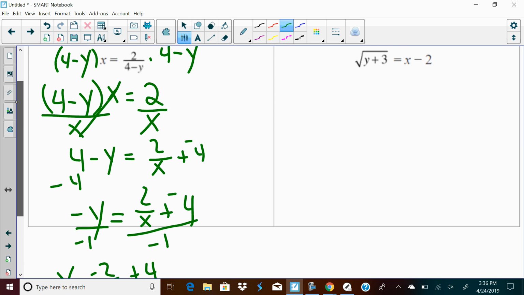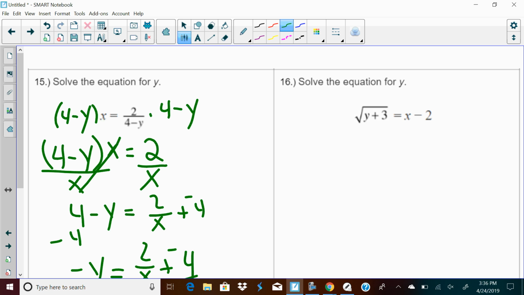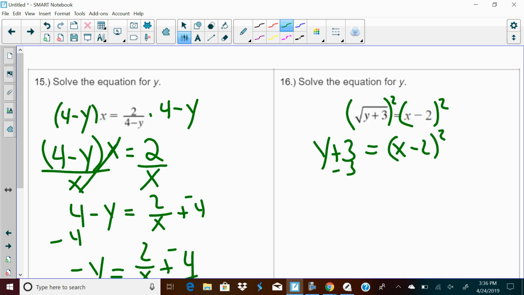Either way is correct. So for 16, I'm solving for y, so I'm going to square it. Get rid of the square root, so I get y plus 3 equals x minus 2 squared. And then subtract 3. So I get y equals x minus 2 squared minus 3. So I can leave it like that because it doesn't tell me what form I can put it in, or I can multiply it out.